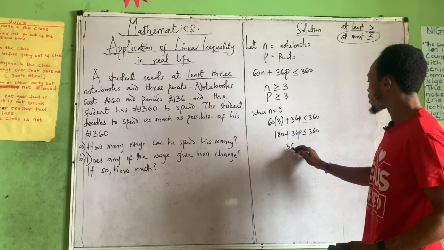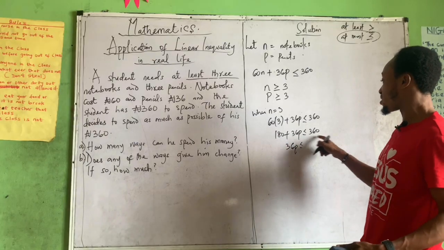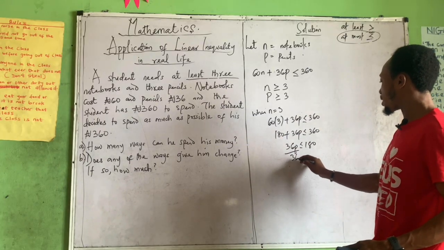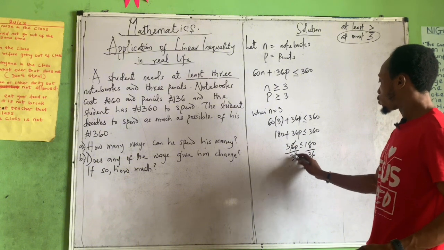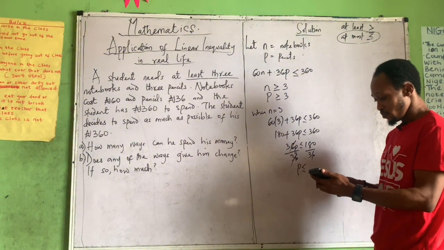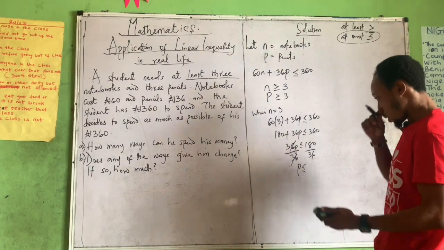So 36p is less than or equal to 360 minus 180, which is 180. So divide both sides by 36. So p is less than or equal to 180 divided by 36. That will give us 5.